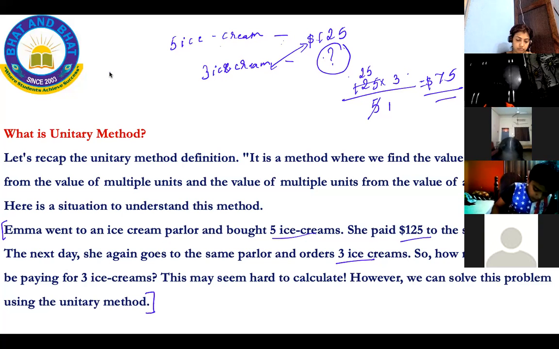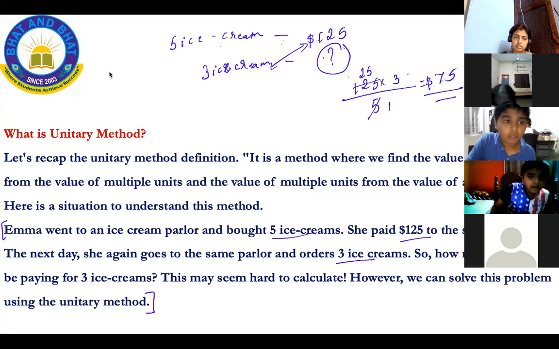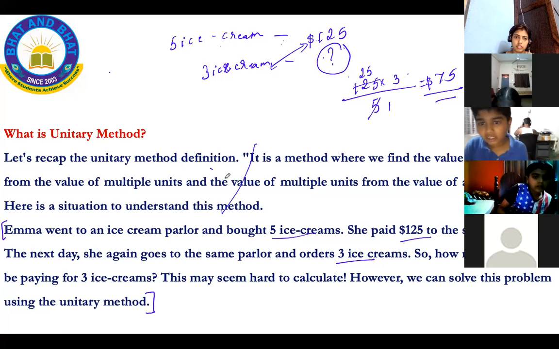Ma'am, should we write the top one also? That is the answer. Which top one? Ma'am, what is that unitary method about? The 5 ice cream you got? Ma'am, should we write that? Not that, ma'am. That blue color over here. This one, of the 5 ice cream. Yes, ma'am.